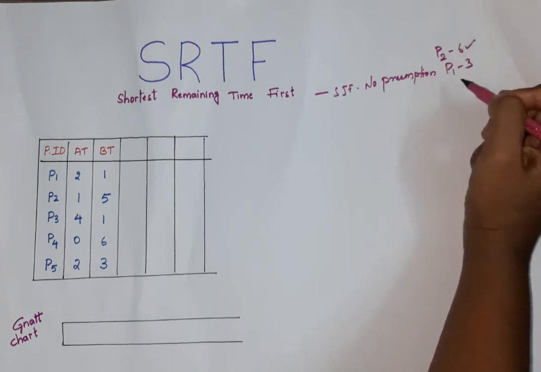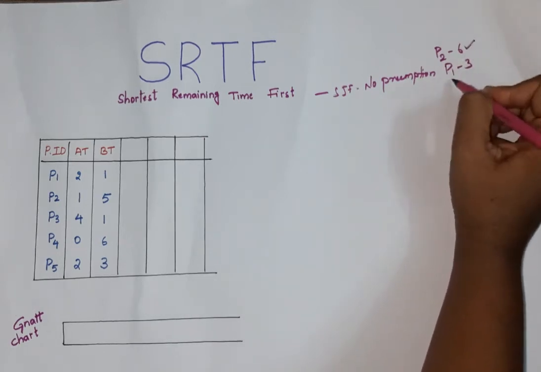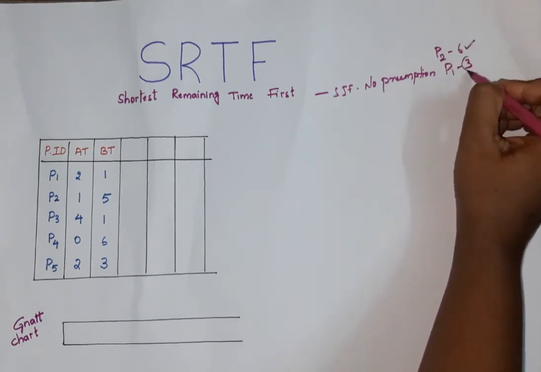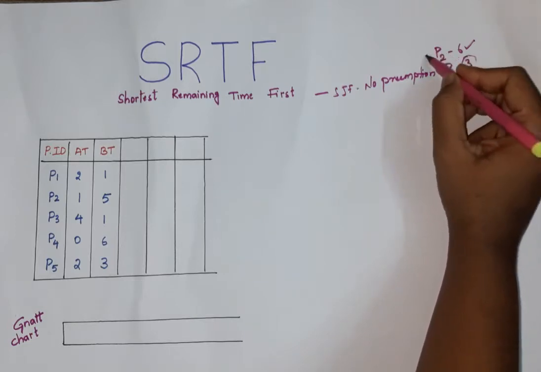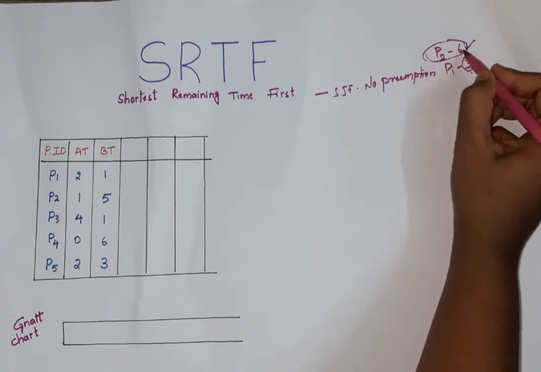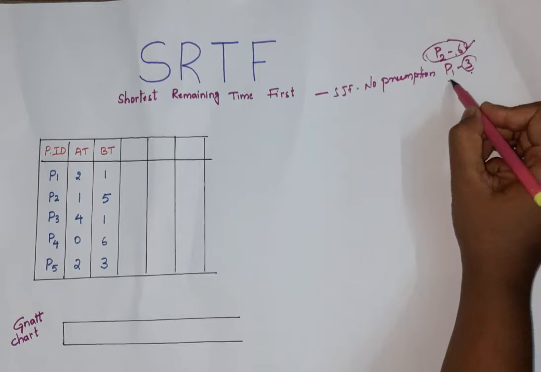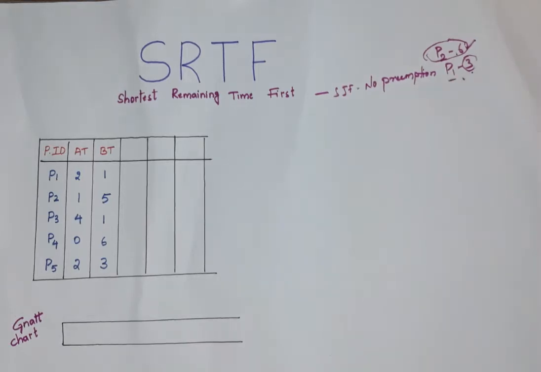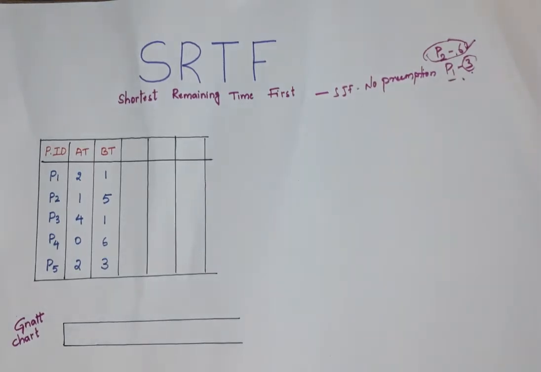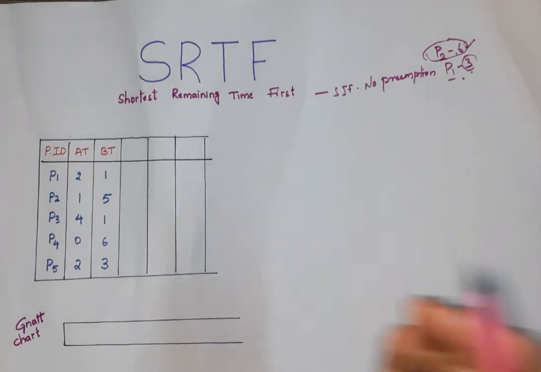When P2 is executing, in the middle if P1 arrives with the shorter burst time, then P2 is removed from the CPU and the CPU will be allocated to P1. If any process comes with a shorter burst time, the running process will be preempted.